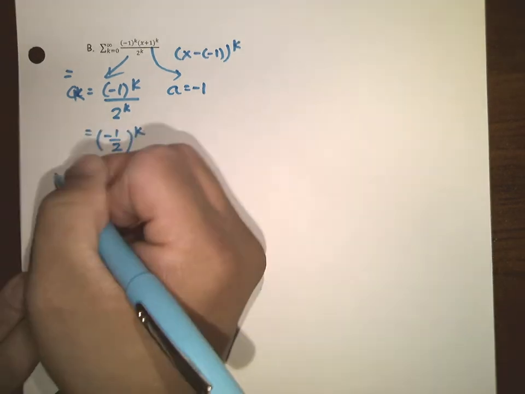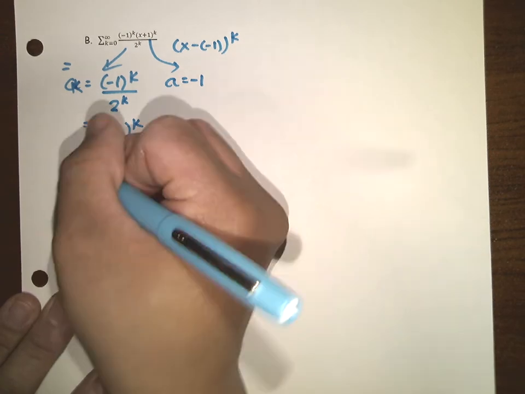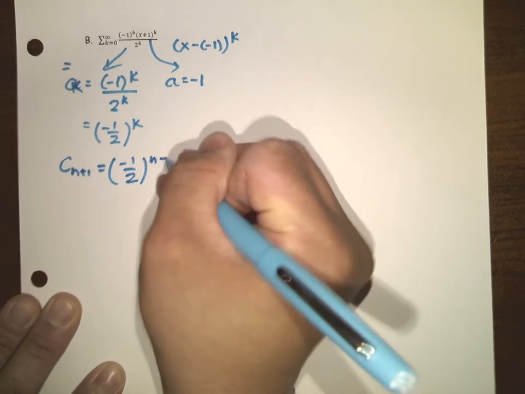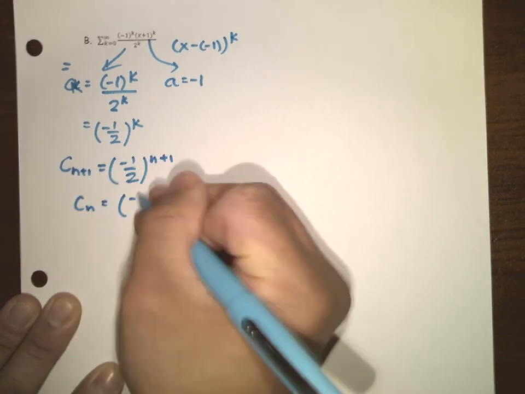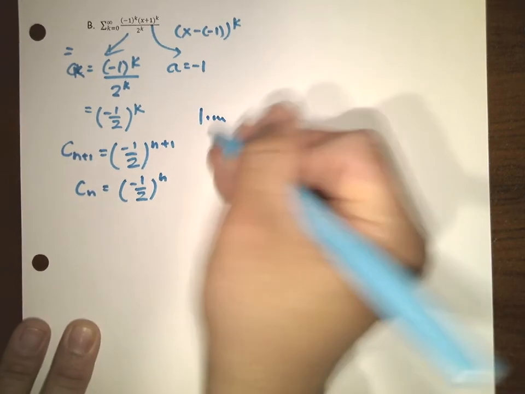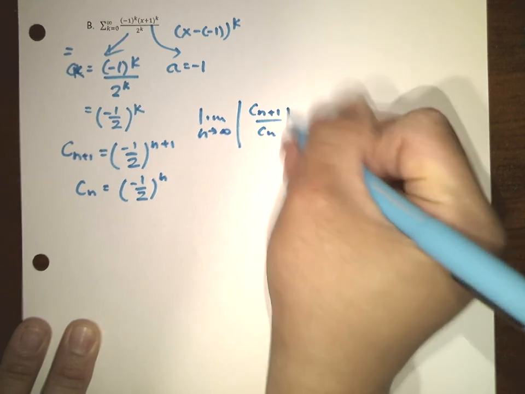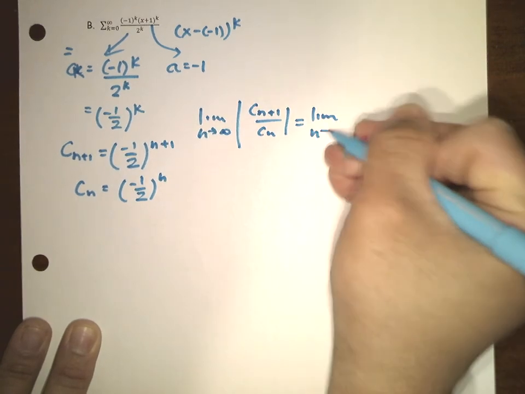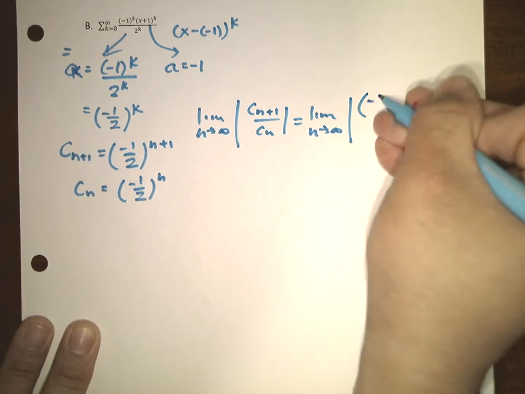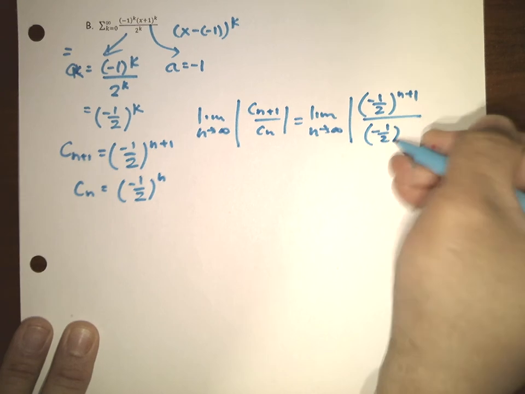So now we need to find the radius of convergence. So c_(n+1) is (-1/2) to the n plus 1, c_n is (-1/2) to the n. So the limit as n goes to infinity of the absolute value of c_(n+1) over c_n is the limit as n goes to infinity of the absolute value of (-1/2) to the n plus 1 over (-1/2) to the n.